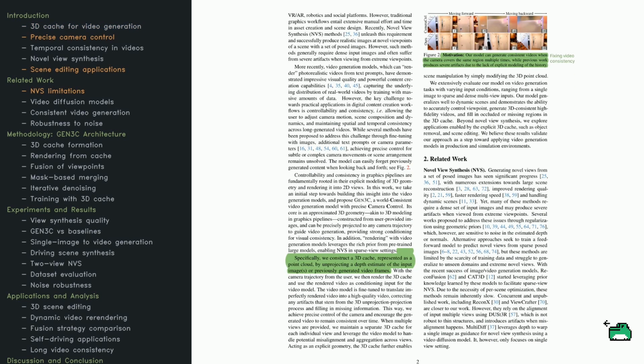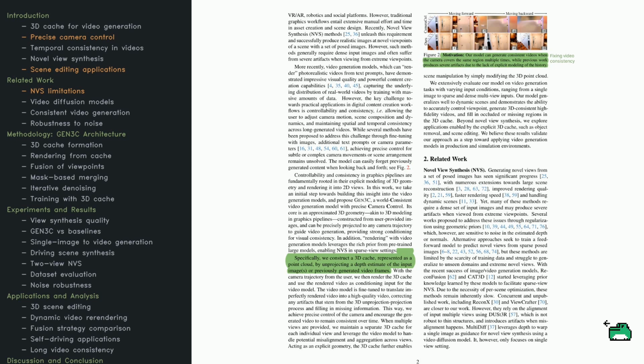So how does GEN3C keep things consistent across frames? If you move a camera around a scene and then reverse your path, most models can't remember what was there before. They introduce flicker or cause objects to shift. Take a look at Figure 2 here to see exactly what that looks like with older methods. GEN3C, by contrast, explicitly stores 3D geometry using a point cloud. The process is straightforward.